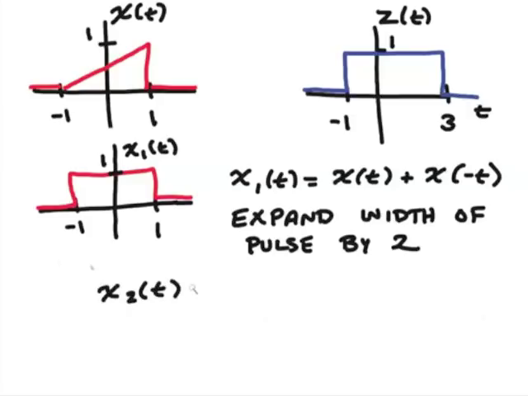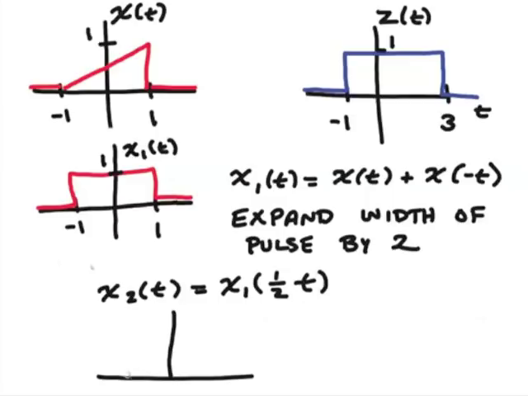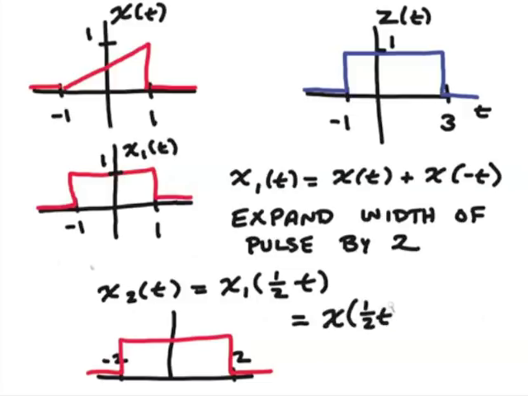So here's x2 of t, we write it as x1 of 1/2 t, and when we accomplish that, it'll go between -2 and 2. So now we have the correct width. And we can write that in terms of the original signal. So that'll be x of 1/2 t plus x of minus 1/2 t.